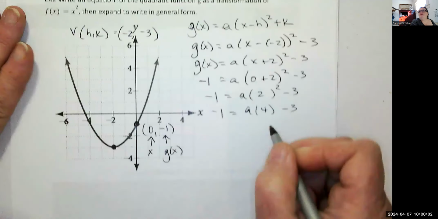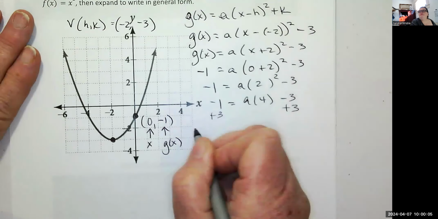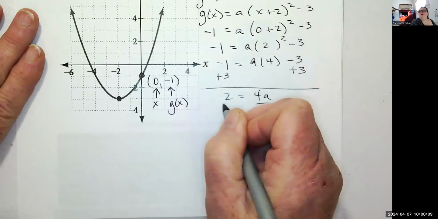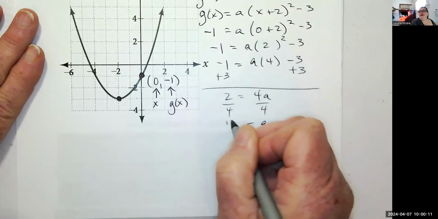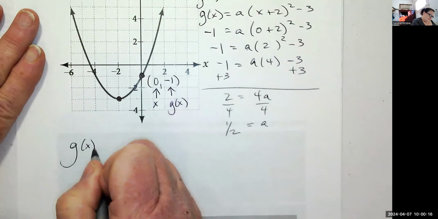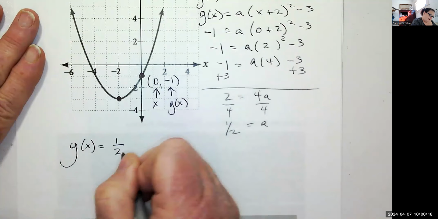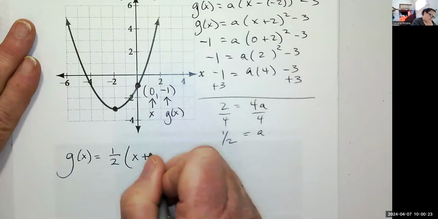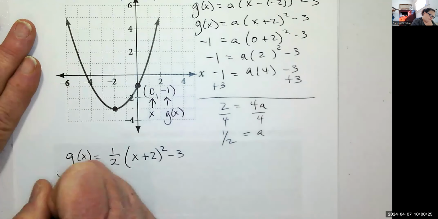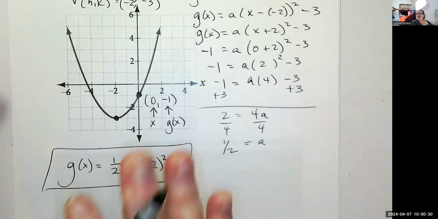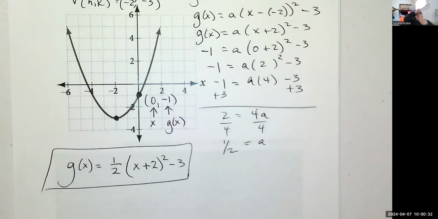I'm going to move my 3 over. 2 equals 4a, divide both sides by 4, and a equals 1/2. So final answer, g of x equals a, which is 1/2, (x plus 2) squared minus 3. And that's it. That's what you have to do to take a graph and solve for the vertex form or standard form of the function.